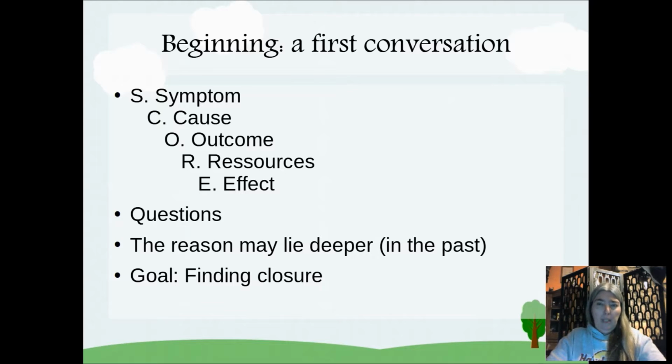So the client is explaining what is going on, the cause, which means what underlies that symptom, the outcome, what does the client wish as a result, sorry for that English, the resources, so what is inside of the person, what knowledge and what resources does the person have, and the long-time effects.